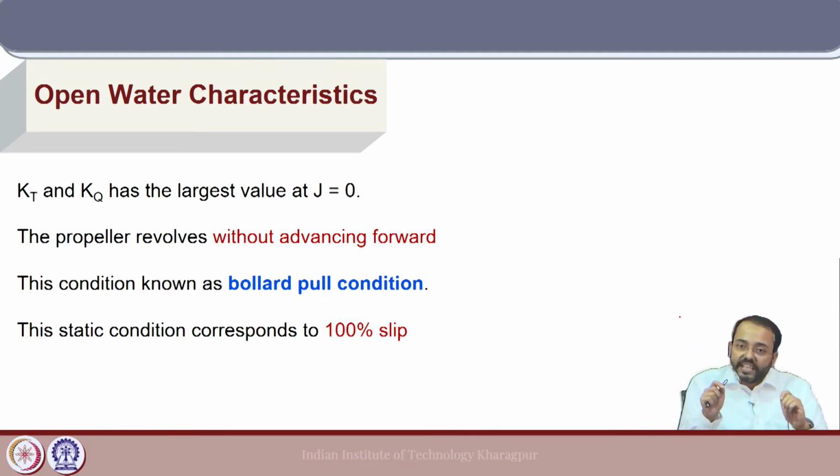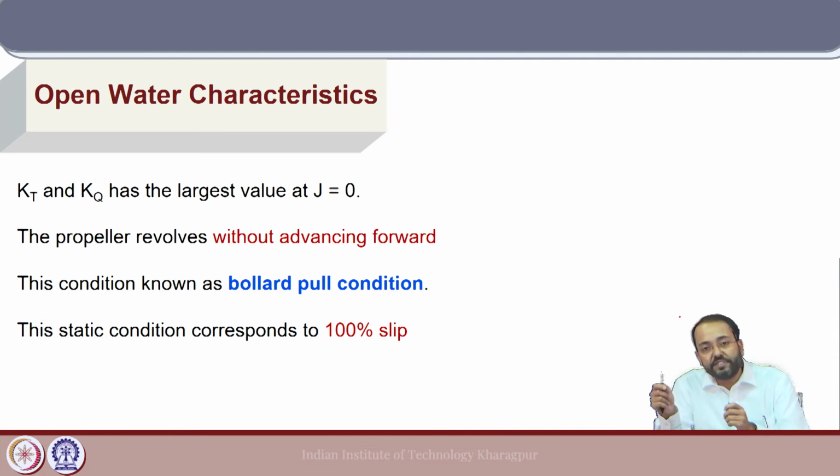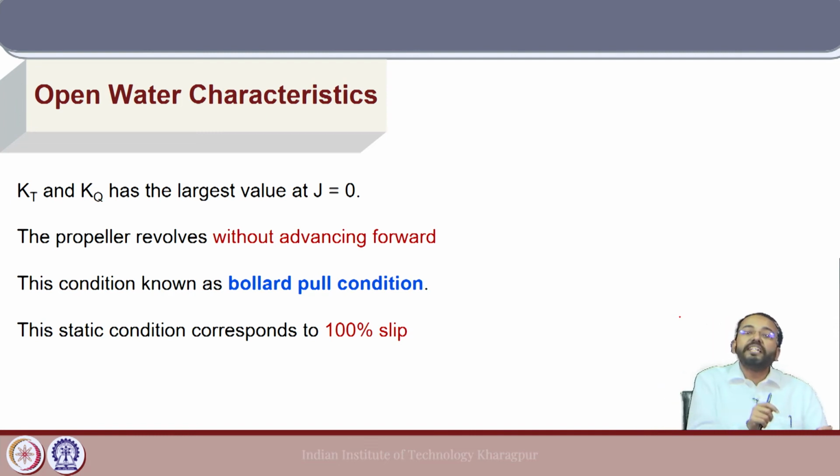In the open water case, the ship is not considered. What if we say that VA is 0, which gives the condition J equal to 0? In naval architecture terminology, we mention this as the Bollard pull condition.